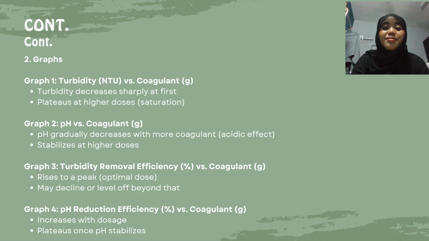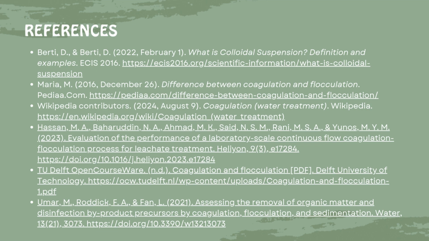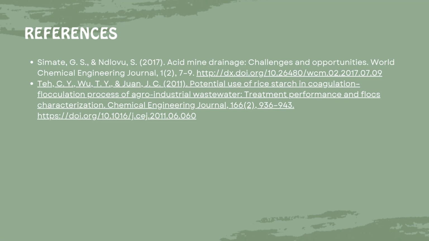We expect a gradual decrease in pH as more coagulant is added, with the curve leveling off. Then efficiency versus coagulant. This is expected to rise sharply, reach an optimum, and then level off or drop slightly if overdosing.